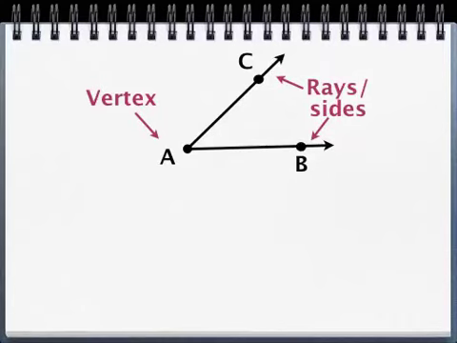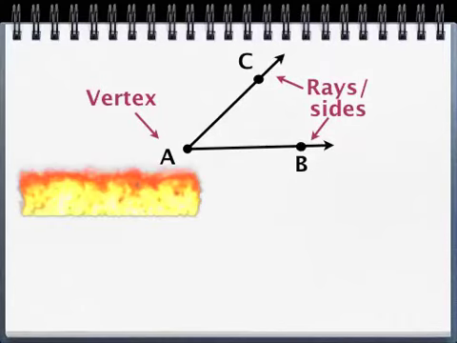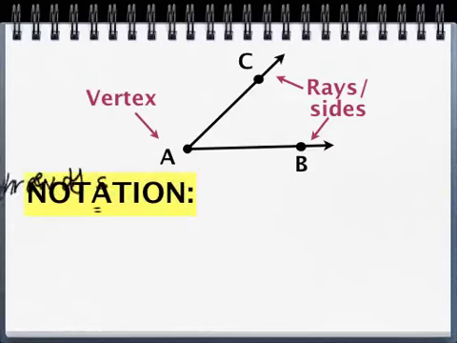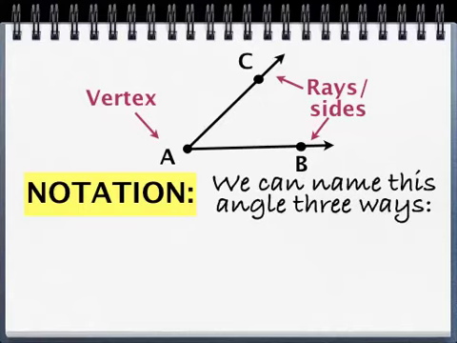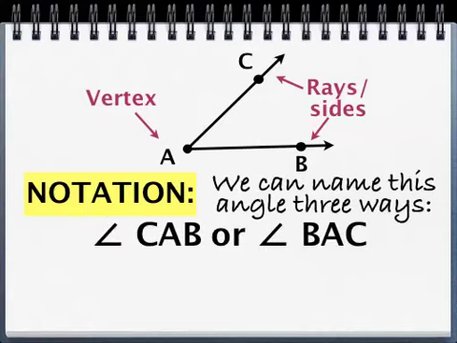When we notate an angle, we can do so in three different ways. We can call this angle CAB or angle BAC.